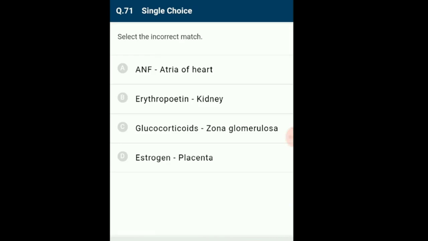Cortisol is also involved in maintaining the cardiovascular system as well as kidney functions. Glucocorticoids, particularly cortisol, produce anti-inflammatory reactions and suppress immune response. Cortisol stimulates RBC production. So the answer is option C. Glucocorticoids, zona glomerulosa. That is the incorrect match.